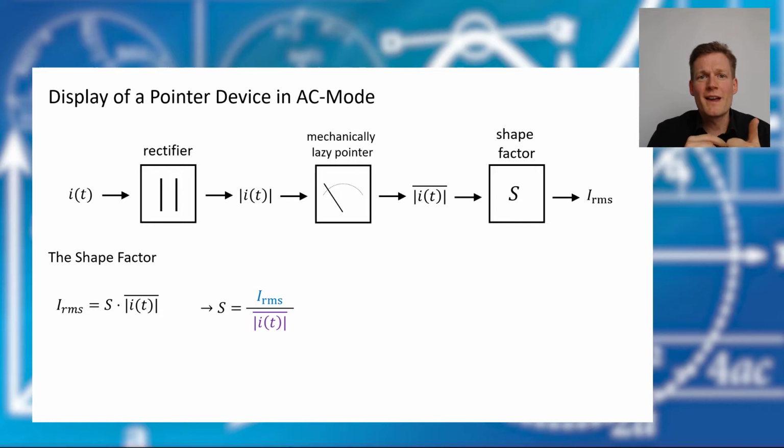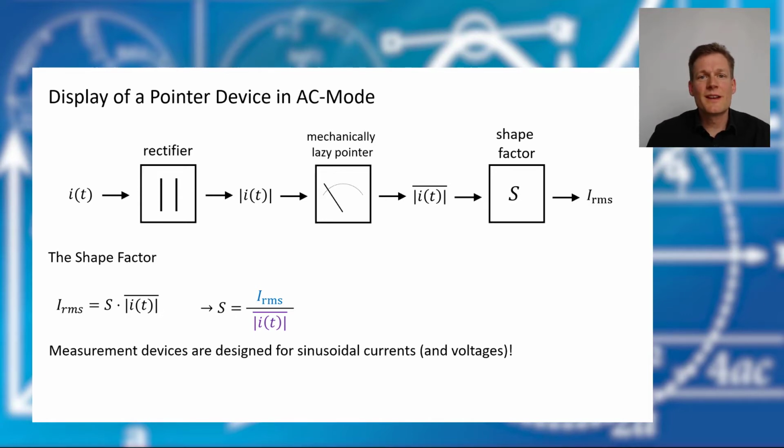We know the RMS value for sinus, triangle and rectangle, and we also know the rectified values of the three. And in 99% of all the cases, the user wants to measure sinusoidal voltages or currents. And therefore, the manufacturer just uses the shape factor for sinusoidal signals.